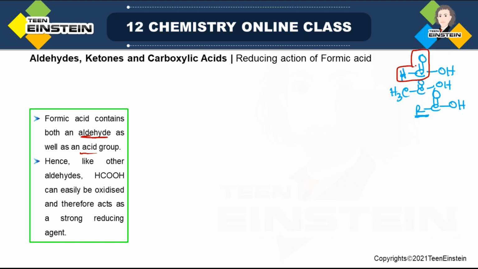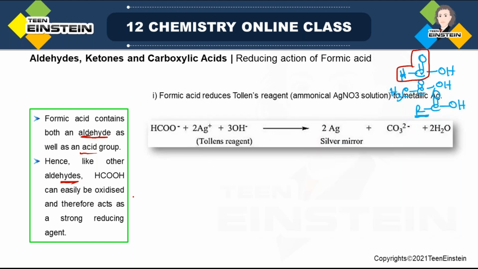That means you can expect reactions from this acid, particularly formic acid I am talking about, which you expect from aldehyde molecules. So that is why, just like other aldehydes, formic acid can show reducing property, and itself it will get oxidized.